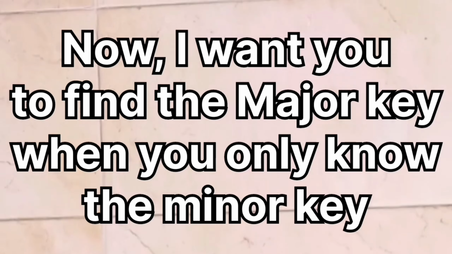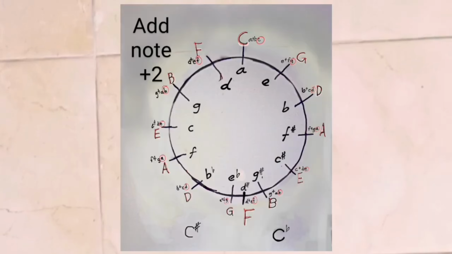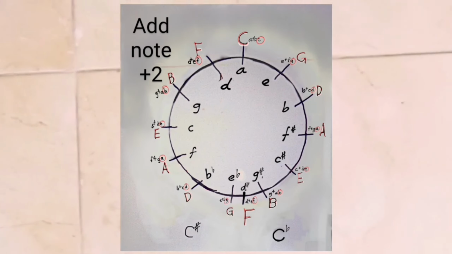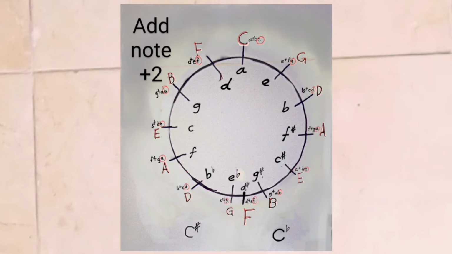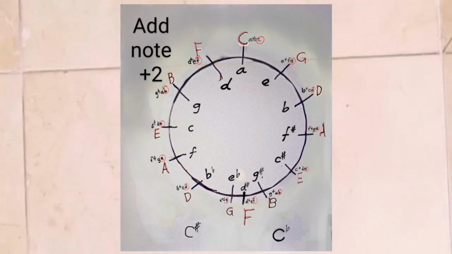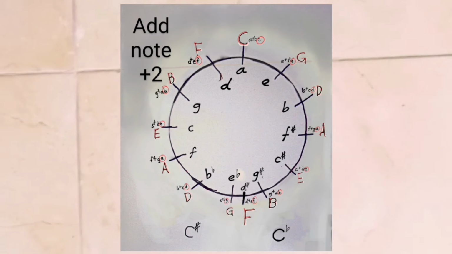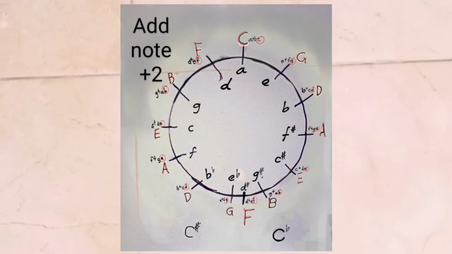Again, it is a matter of using the circle of fifths. For example, C: you count C, D, E, and you will find that E is the major relative scale. Knowing the minor and finding the major, you simply count 3 letter notes, and there you go.